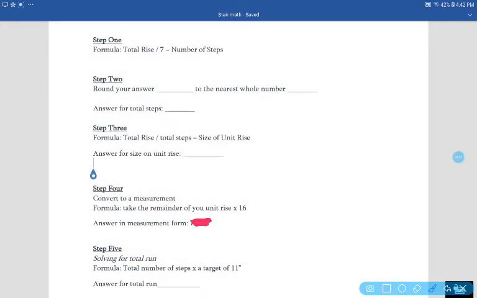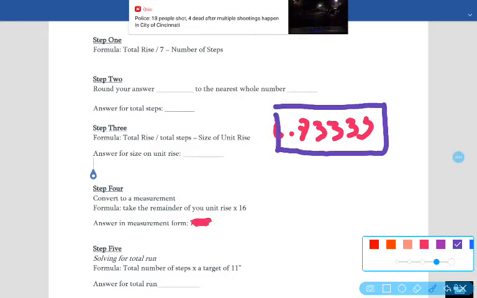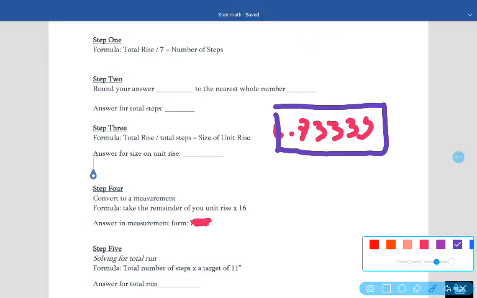But nonetheless, we're going to go ahead and step 4. We're going to convert that 6.83333 into a measurement. What we do is we just simply take the remainder and we take that times 16.